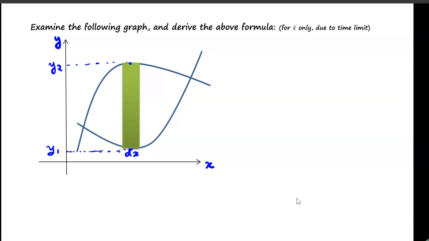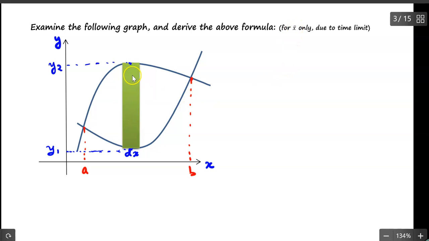Now the points of intersection will be your upper and lower limits. So right here will be my a, and right here will be the b. I would like everyone to take a look at the shaded element in green. This is very important for us to derive the formulas for x bar.